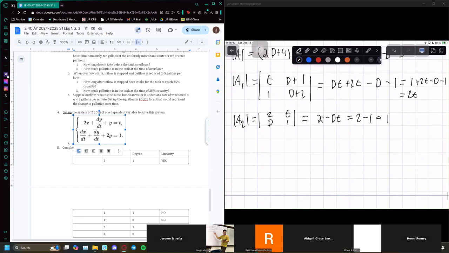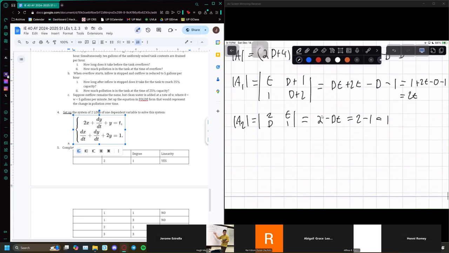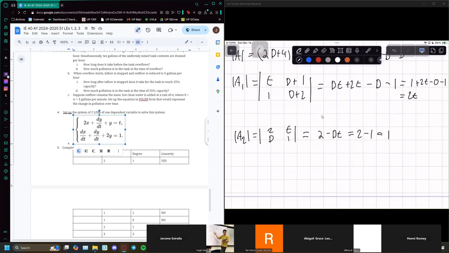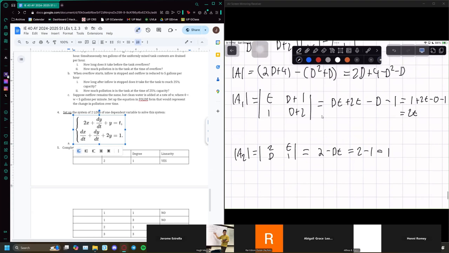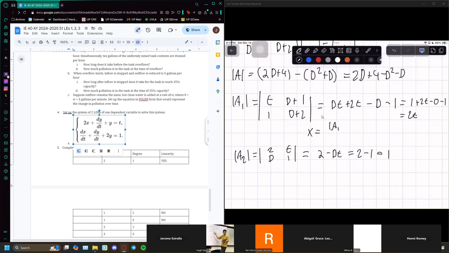Since we have this A1, the determinant of A1, x is equal to A1 over A. It's going to be equal to 2t over 2d plus 4 minus d squared minus d.